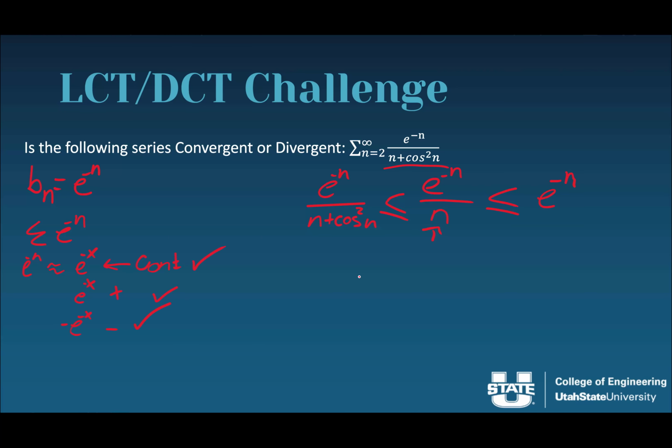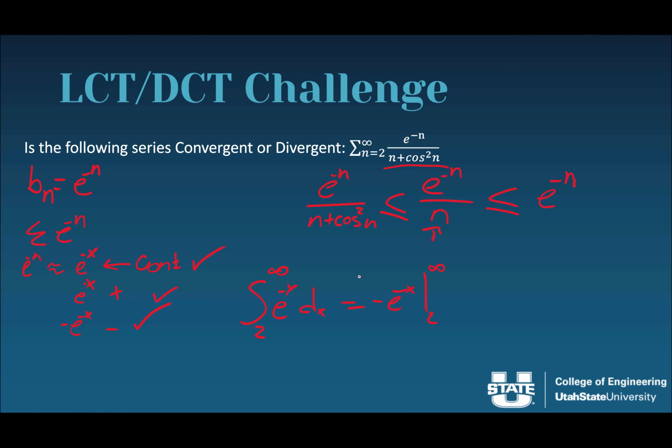So now I need to find out if the integral of e to the negative x diverges or converges, right? So I'm going to take the integral of e to the negative x dx from, what are my bounds? 2 to infinity, okay? My integral of e to the negative x is going to be negative e to the negative x evaluated from 2 to infinity.